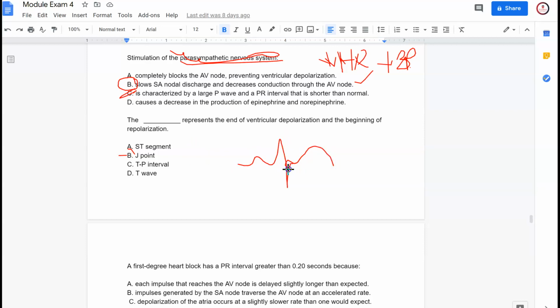Right here is the J point, where the ventricular depolarization ends and the beginning of repolarization, which is your T wave. So repolarization is not here. Your TP interval is all the way over here before the next beat. That's not it. And your ST segment is not really telling you anything about depolarization or repolarization. That's that isoelectric pause in between. Best answer is J point.